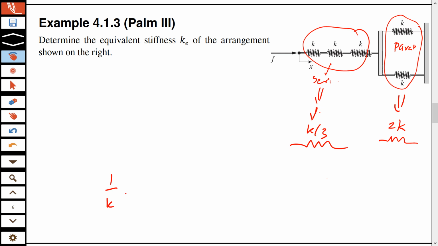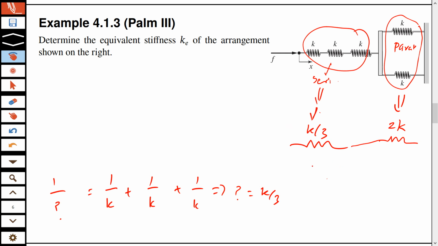Remember, 1 over k plus 1 over k plus 1 over k is 1 over the equivalent, and that means that the equivalent is k over 3. Okay, now these two are in series.